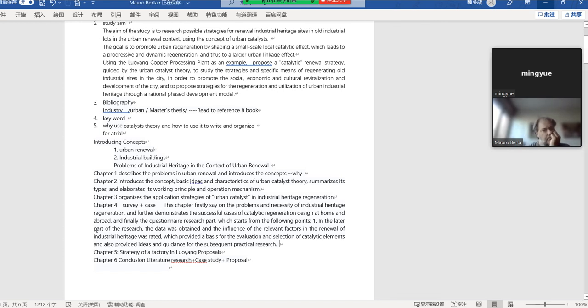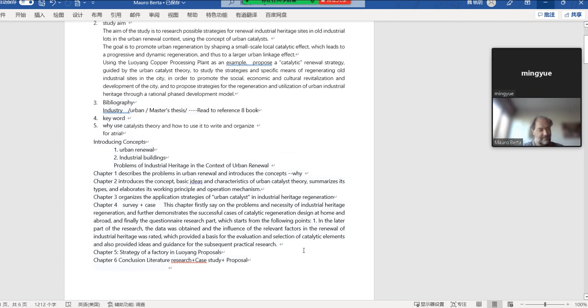I found there is Blue Cell, an industrial area. The government put a long time into this project, and I think it is a good example to introduce.